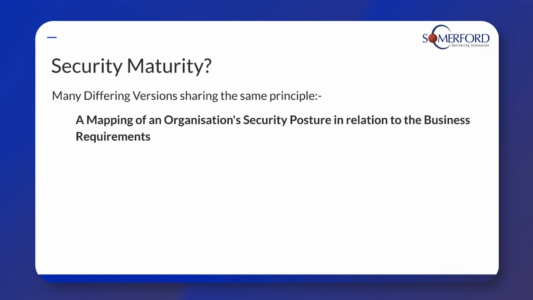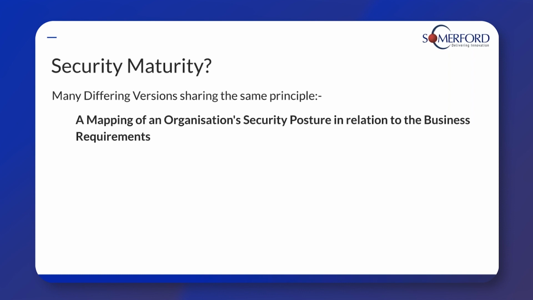So one business may be more mature, but may not need to have the same level of technologies or people or processes in place because in their industry that doesn't really apply. Whereas another industry that might have a lot of different compliance requirements may need to get more people, processes, technology in place to be able to meet those and therefore become more mature. So it's really relevant to what's actually required for the business.